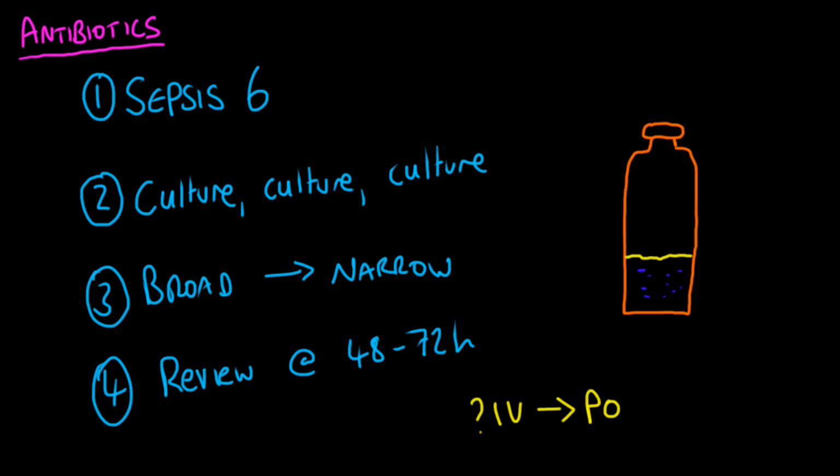What then happens is whenever you send them off to the lab, a microbiology tech will come along and spike the top of that bottle with a CO2 sensor. The CO2 sensor goes in here and then off to the machine. They're put in an oven that keeps it at body temperature.